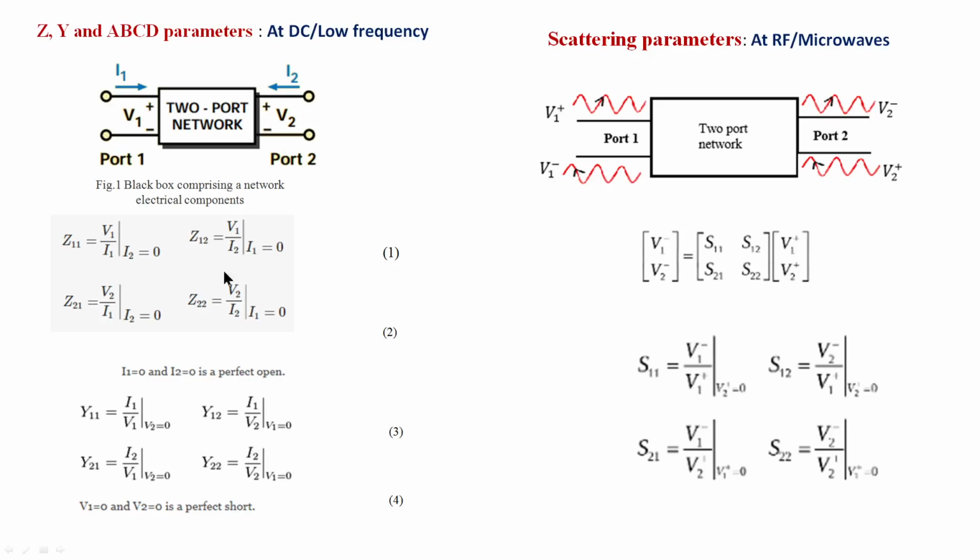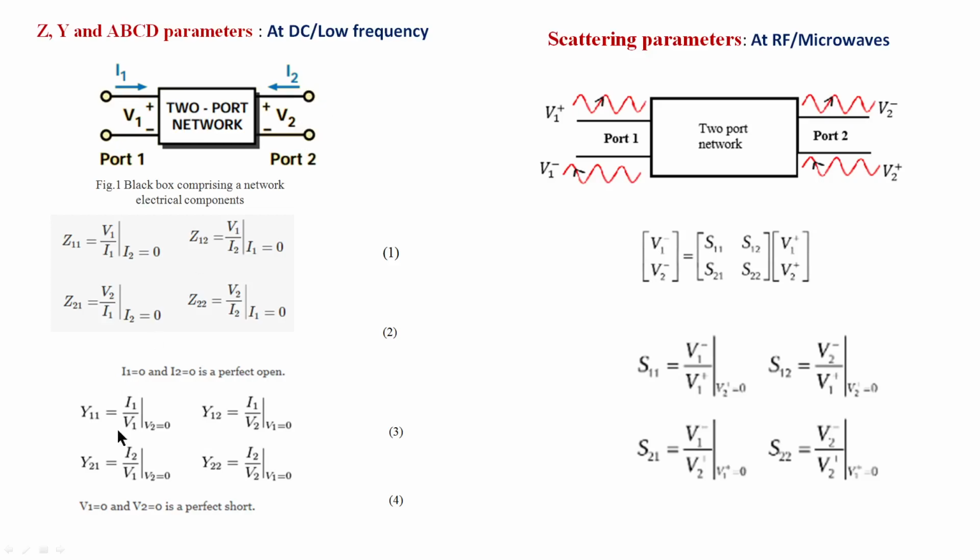Similarly, the Y parameters. While measuring the Y parameters, consider Y11. What is the requirement here? V2 equal to 0. V2 equal to 0 means this should be short circuited. Voltage V2 is the voltage across these two terminals, and it should be 0, short circuited.